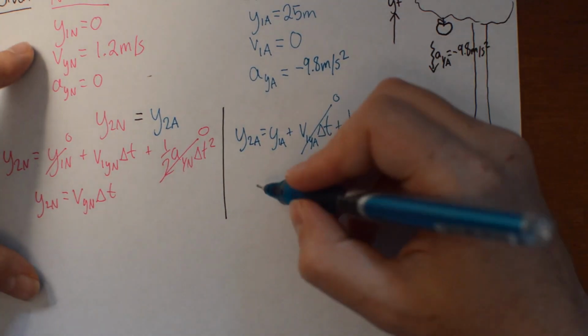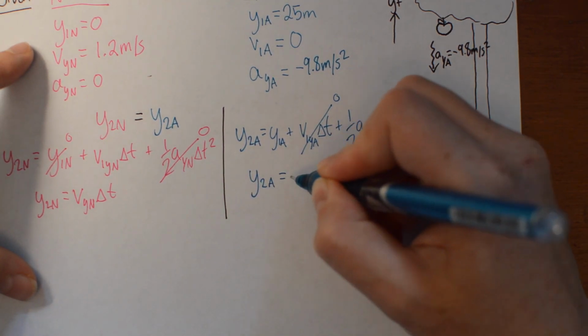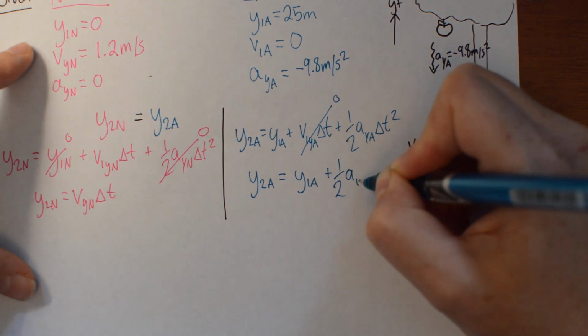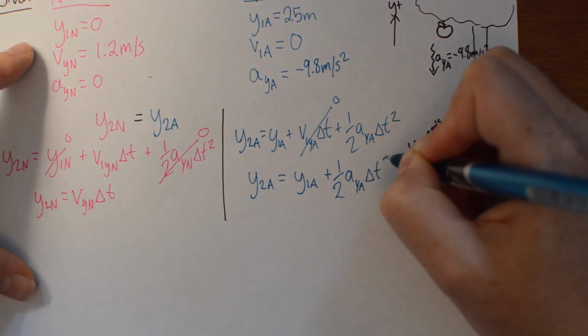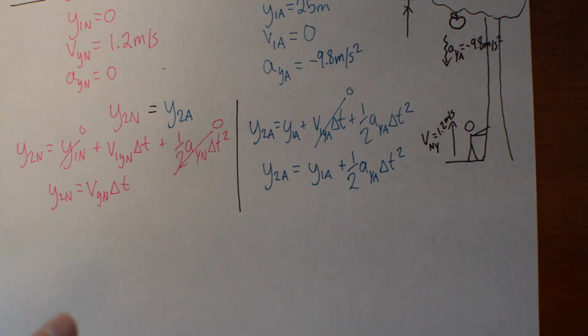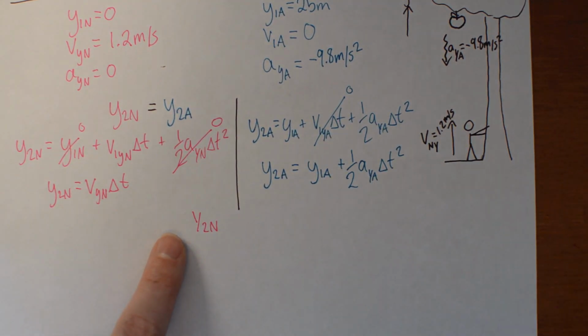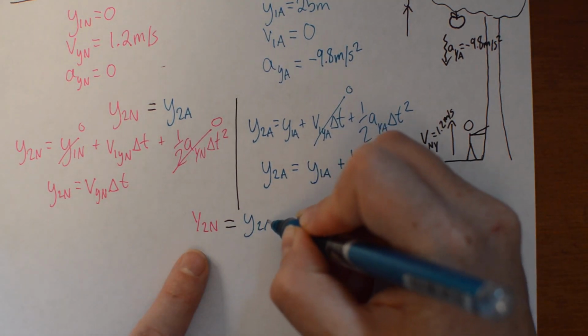The other terms are not. So I have y2 of the apple is y1 of the apple plus a half ay of the apple delta t squared.